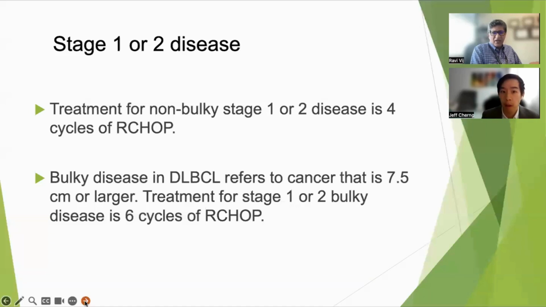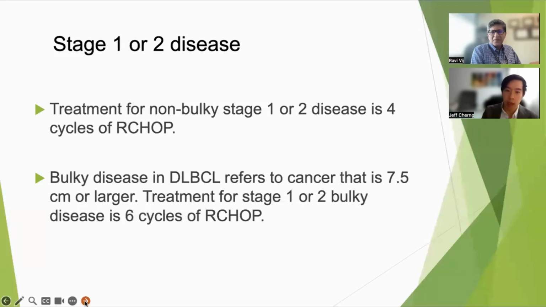And then for those that have bulky disease, is that something you treat differently, or is that the uniform approach at your center? We do like to consider standard duration treatment for patients with bulkier disease.